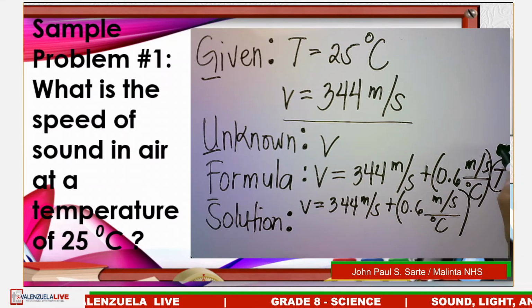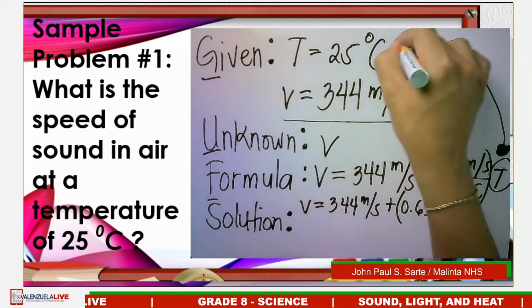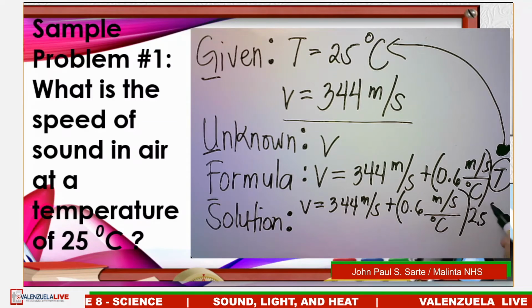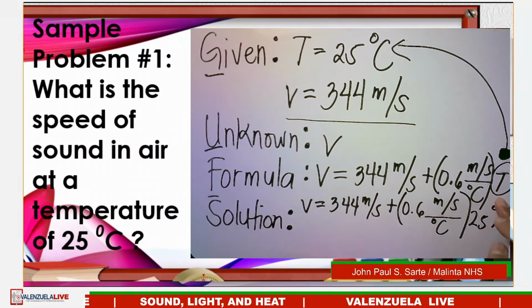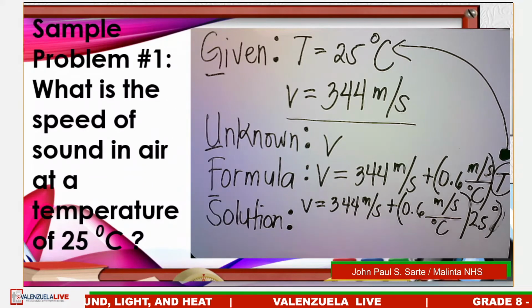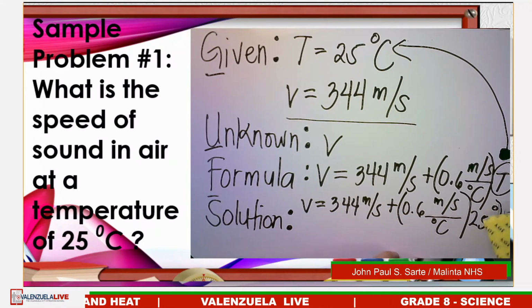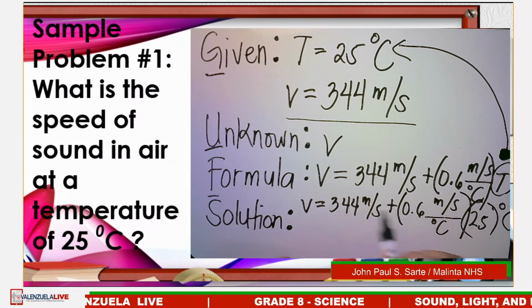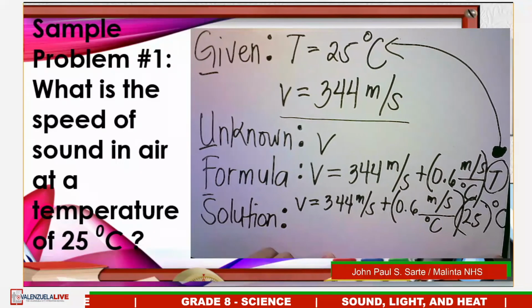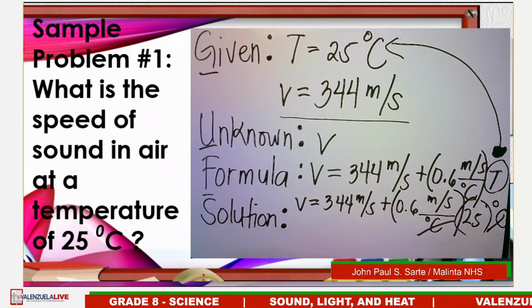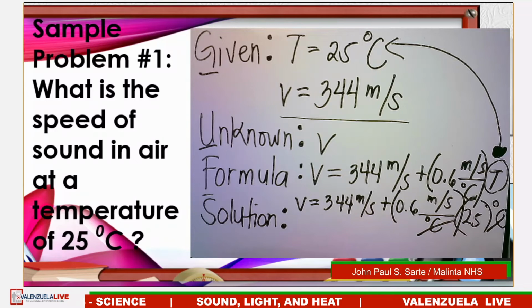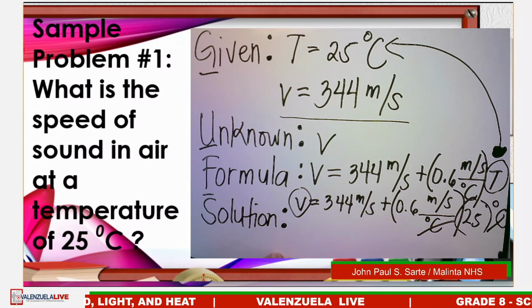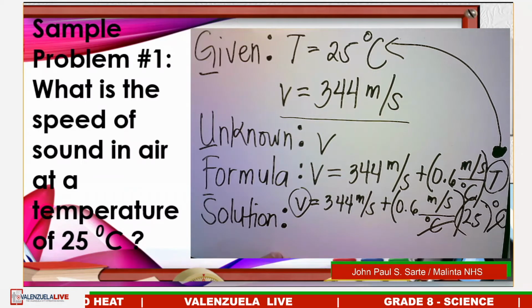We need to substitute 25 degrees Celsius. So temperature should be 25 degrees Celsius. Now we need to cancel the same unit because we are looking for the speed of sound at a temperature of 25 degrees Celsius.